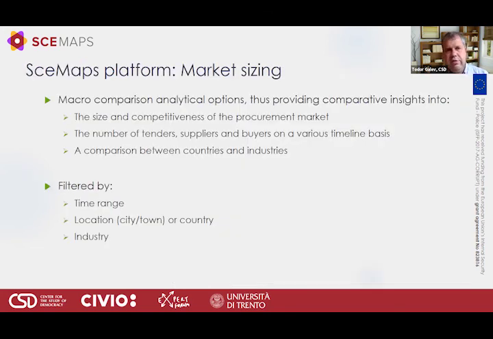The last section and feature is market sizing. It gives you just a background picture about the macro level analysis on both public procurement data and corporate data. For example, you can see what is the share of public procurement in a given sectoral turnover.